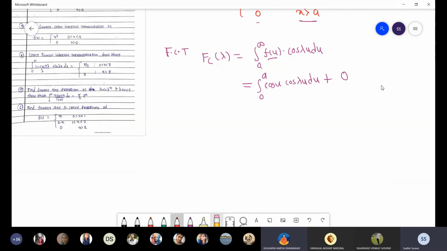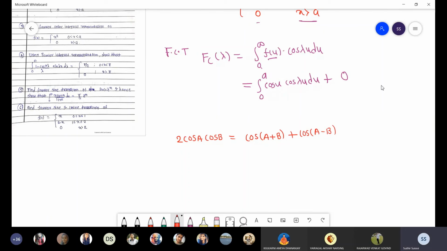Sir, by multiplying and dividing by 2, and then using the formula for 2 cos a cos b. Right, exactly. So let me write 2 times cos a cos b. What is that? We want cos a cos b, so it is cos(a plus b) plus cos(a minus b).